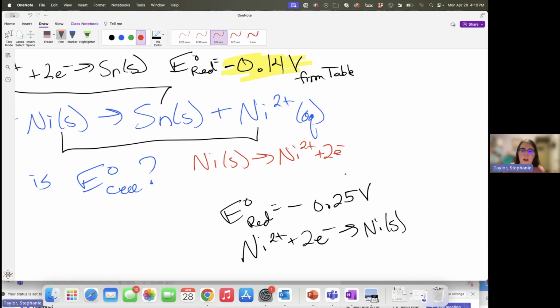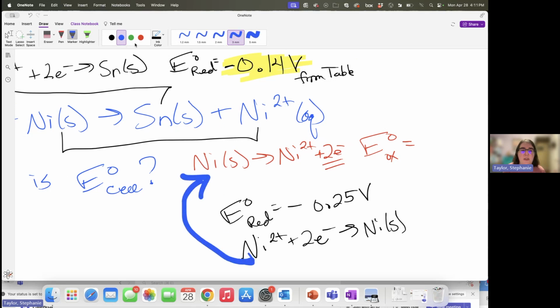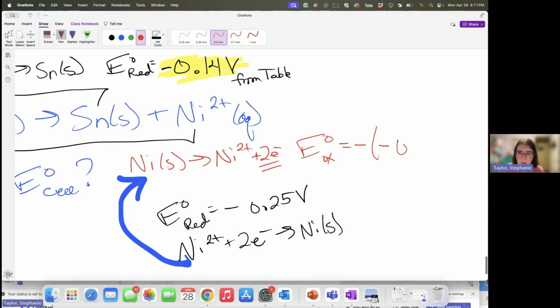Nickel is being oxidized. So in order to actually have an oxidation potential, I have the reverse reaction. If I want to talk about what's really happening and what my standard oxidation potential is, then that is the reverse sign of whatever is in the table.